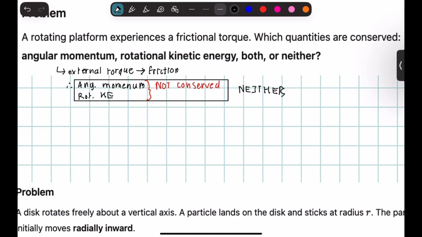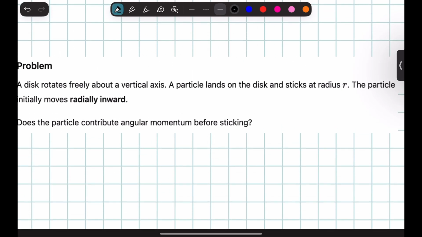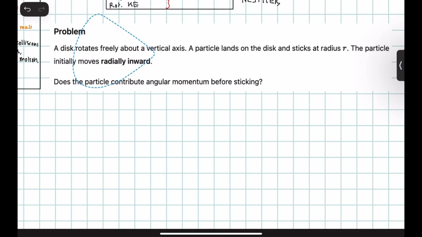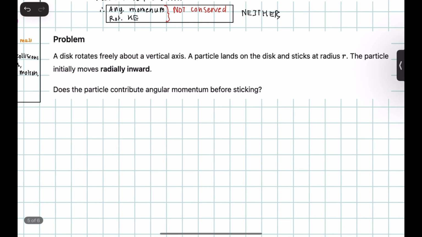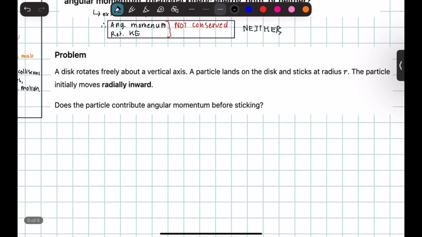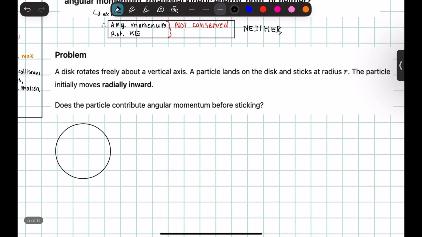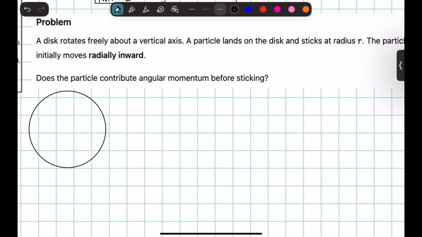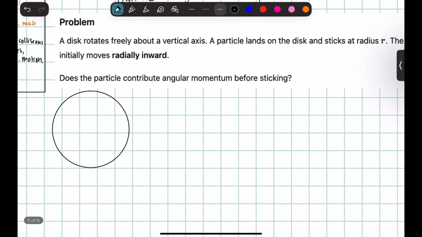Okay. Let's go to our last question. A disk rotates freely about a vertical axis. A particle lands on the disk and sticks at radius r. The particle moves radially inward. Does the particle contribute angular momentum before sticking? So it is rotating freely about a vertical axis, so your axis is going to be like this.